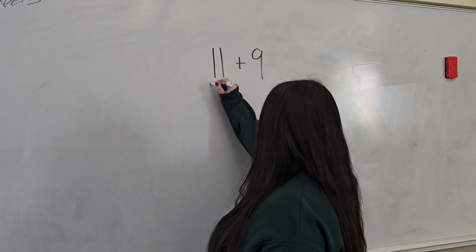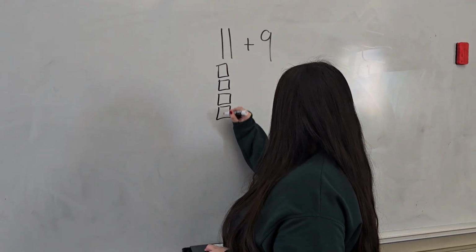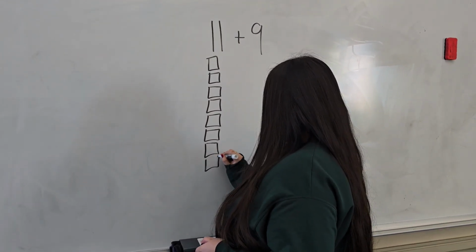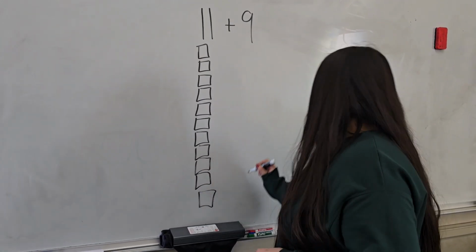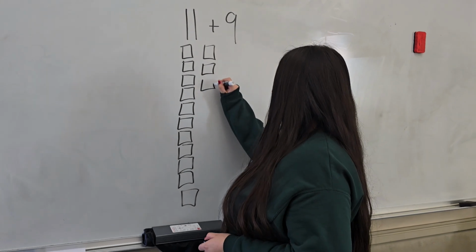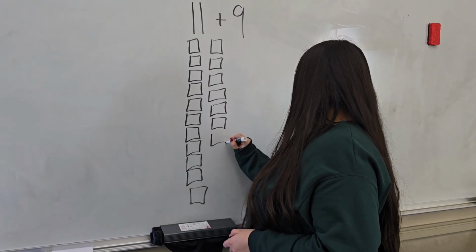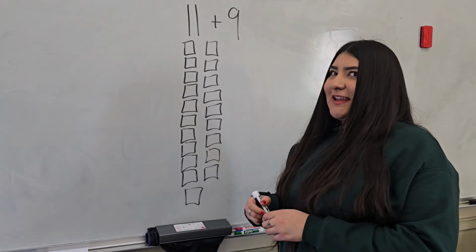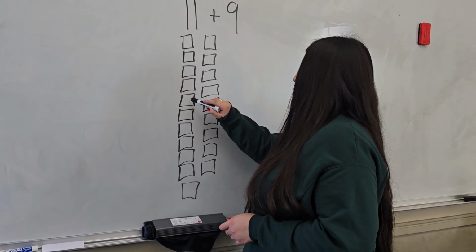Let's make 11 blocks. And let's add 9. Now let's count. 1, 2, 3, 4, 5, 6, 7.